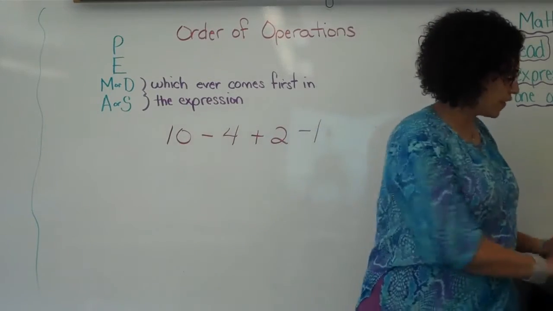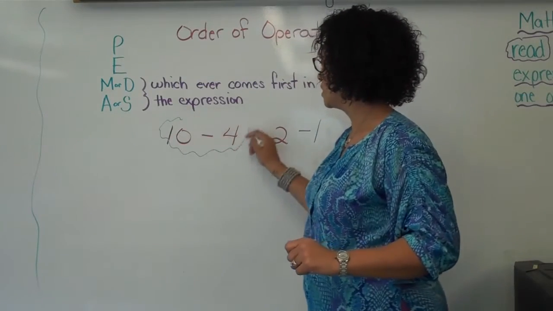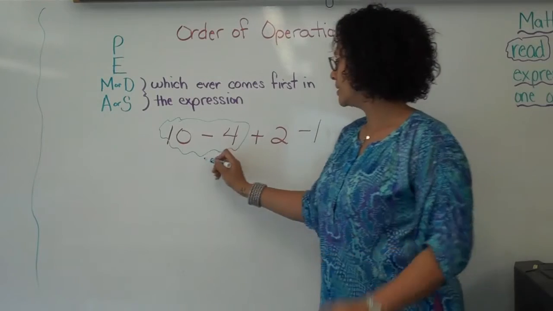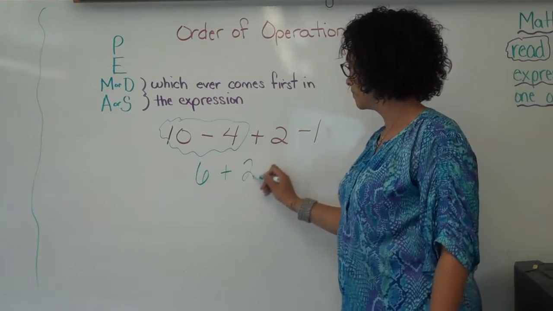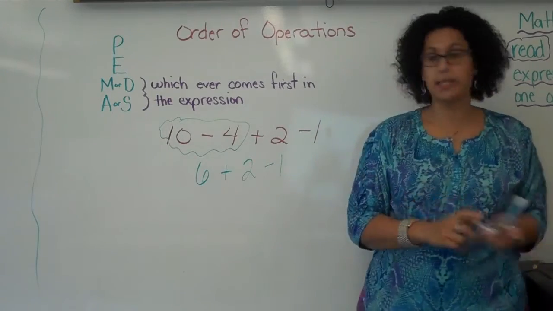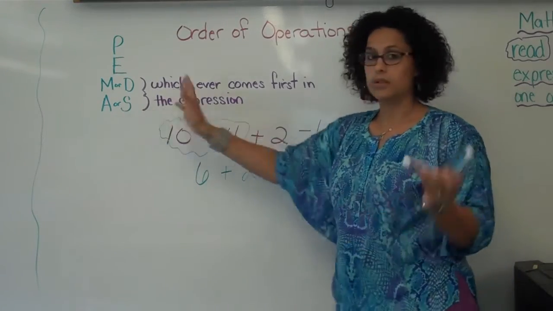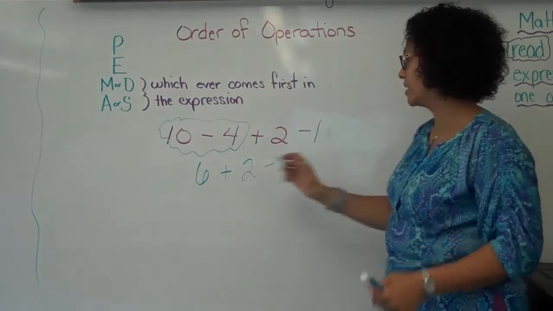So what are we going to do first? Circle it if you know. 10 minus 4. 10 minus 4 is 6. Everything else gets pulled down. Okay? I still have addition and subtraction. The order here doesn't matter. It matters whichever one comes first in the expression.